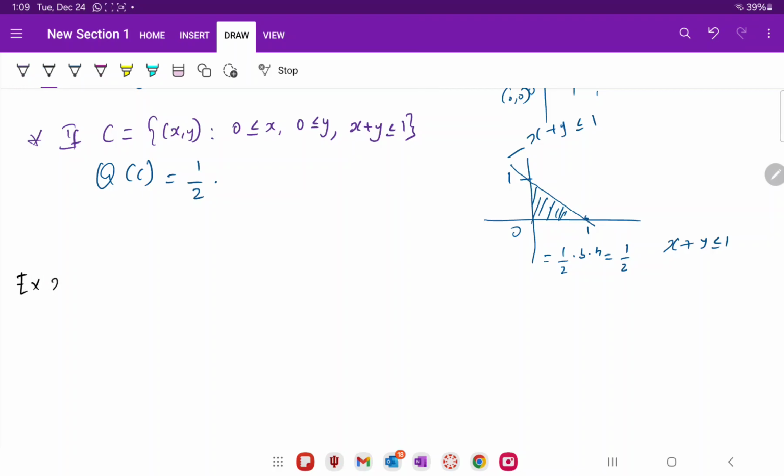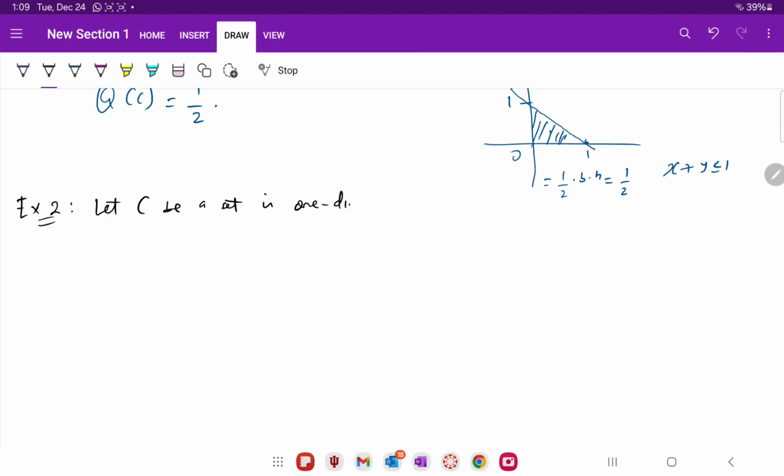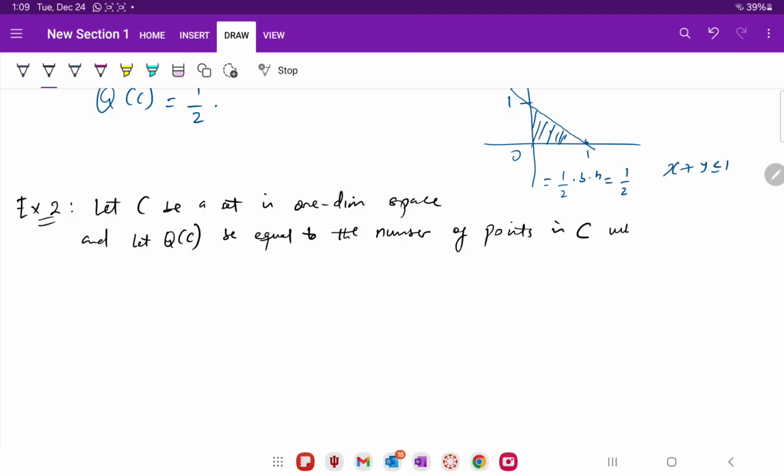Let C be a set in one-dimensional space, and then let K of C, so we want to define our function, be equal to the number of points in C, but take note which corresponds to positive integers.